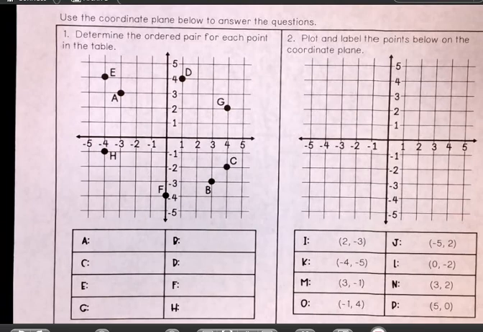Go to origin, locate the number on the x-axis, move up or down to the number on the y-axis. You're going to refuse. You are. I don't know why, but you are.